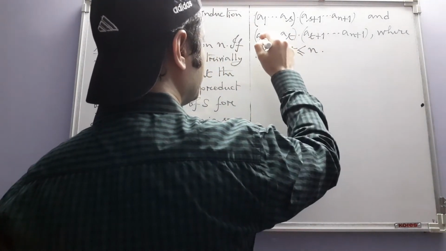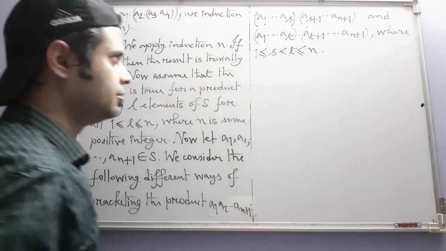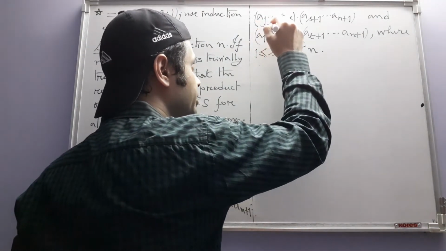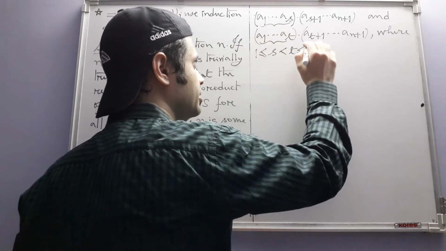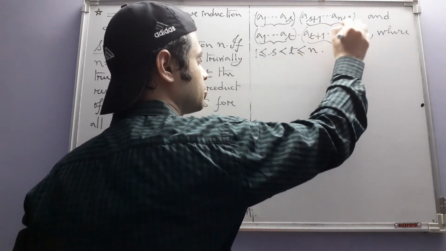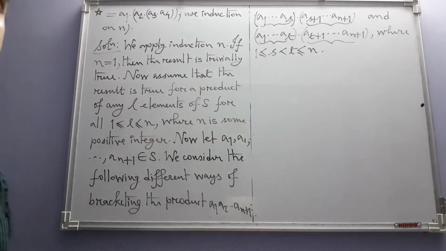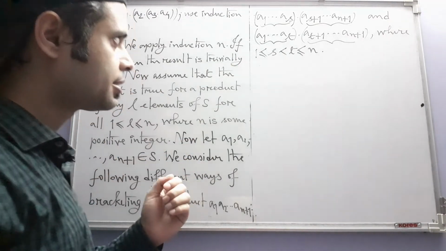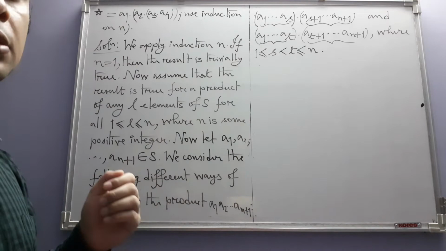And same for T. However, what is the meaning of these four products? How are they being bracketed inside? And the answer to that is that we don't care.